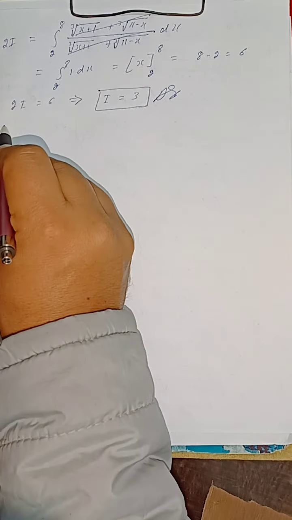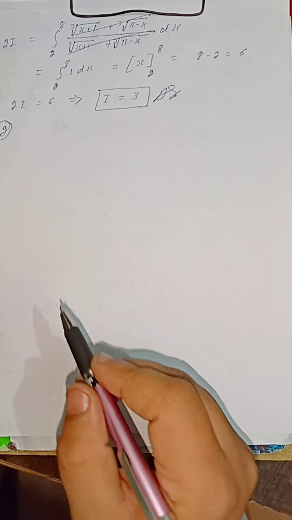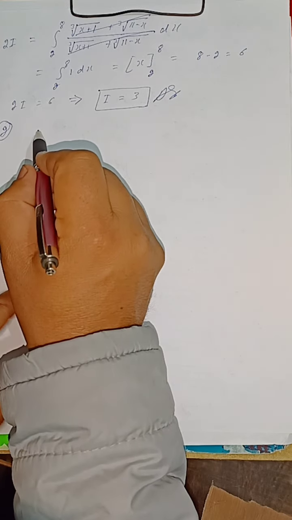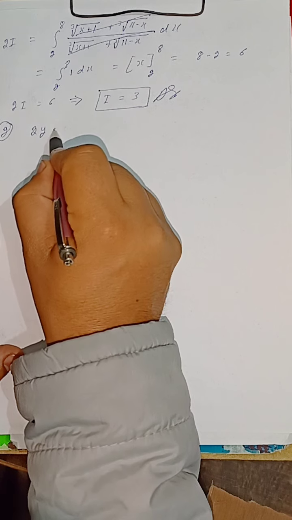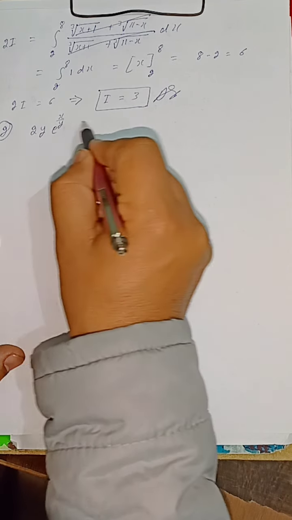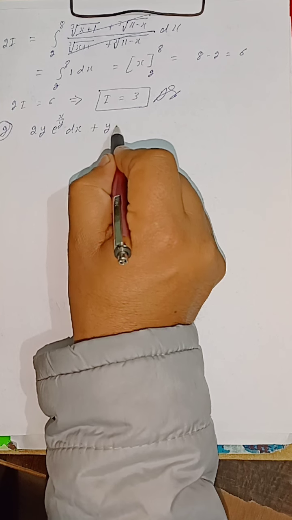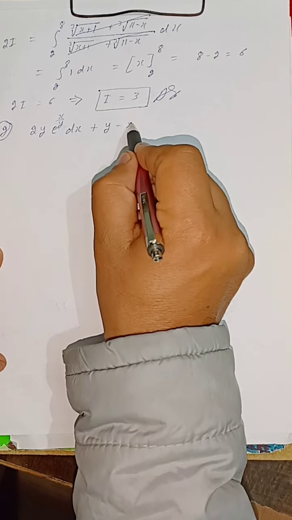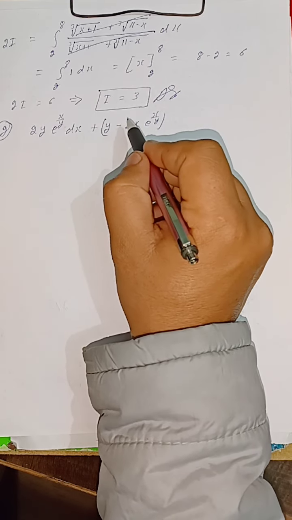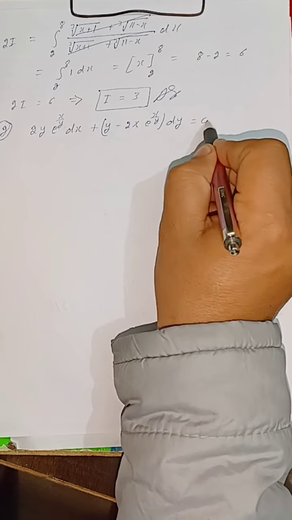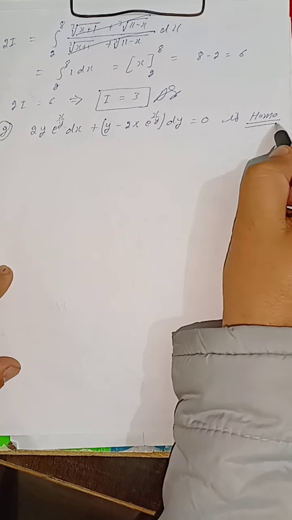Come to the next question, which is question number 2. In this question, we have to check whether the given differential equation, 2y e raised to power x upon y dx plus y minus 2x e raised to power x upon y dy is equal to 0, is homogeneous or not.